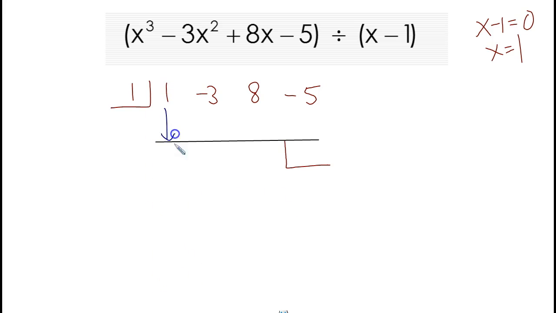Bring down the first number, multiply, goes here, add, goes here, multiply, goes here, add, goes here, multiply, goes here, and add one more time.